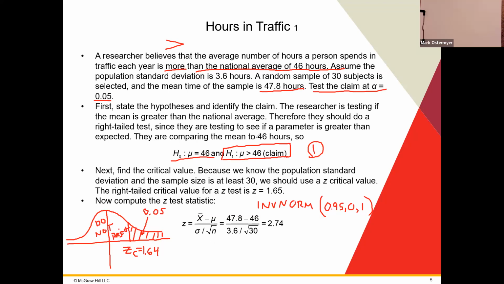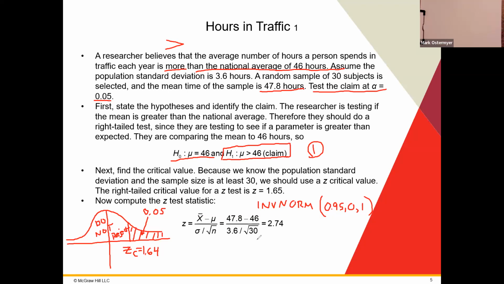So we reached into our parent population and pulled out a sample of size 30, and we computed its mean to be 47.8 hours, minus the purported mean of the population under the null statement, which says the population mean is equal to 46. Divided by the standard error of the sampling distribution of all sample means of all samples of size 30 that were extracted from the parent population.